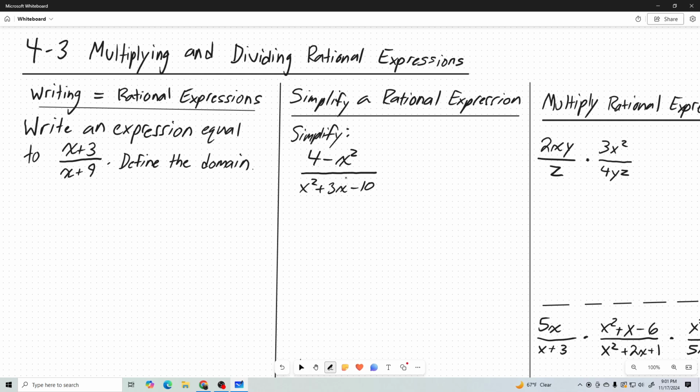All right, so let's go ahead and look at this first one here, where we're going to be writing equal rational expressions. So first we're going to write an expression equal to x plus 3 divided by x plus 9 to find the domain. It's kind of a weird problem, but it's really just trying to teach us two things. The first thing is that we can multiply by 1 all day.